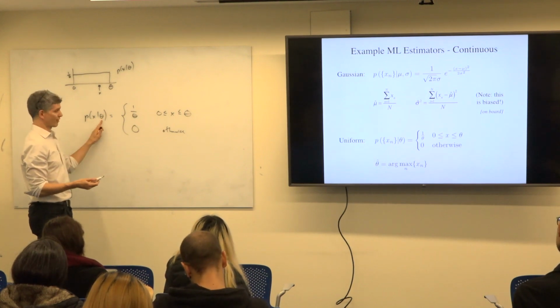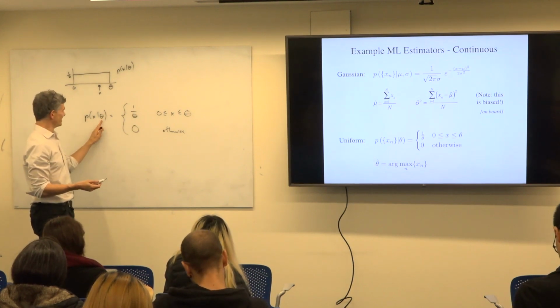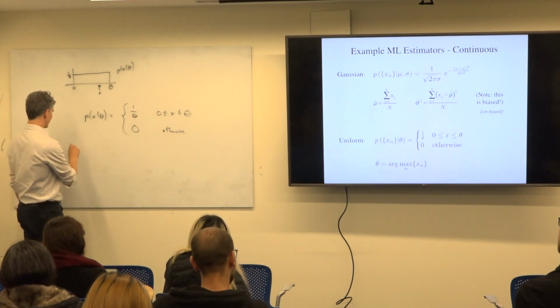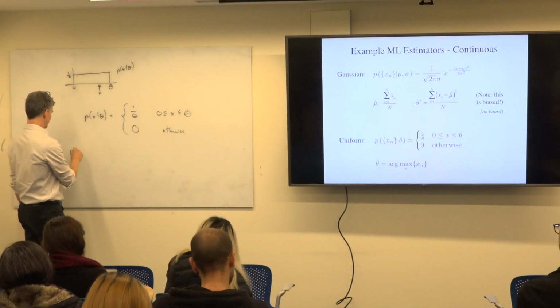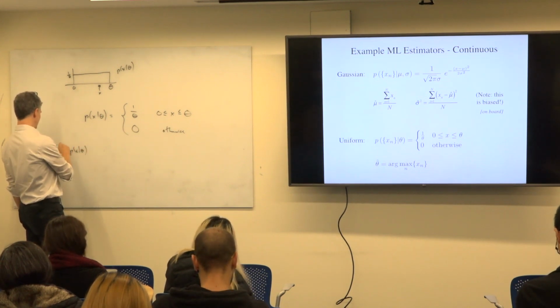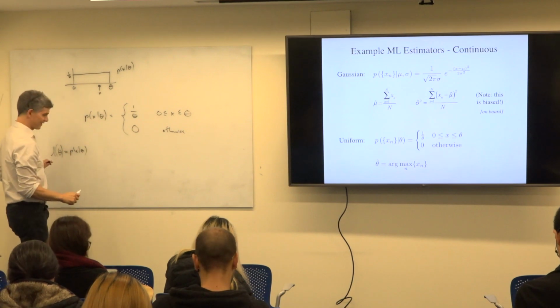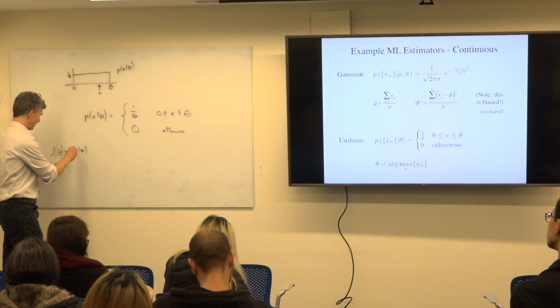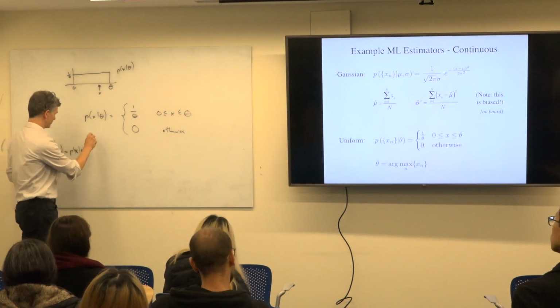Okay, so how do I pick the theta that maximizes this thing? Well, it's pretty easy. What is the value of this thing as a function of theta? So let's write the likelihood. This is p of x given theta, but let me write L of theta to represent likelihood. L of theta is the likelihood, which is just equal to p of x given theta, where x is my fixed data observation, right?